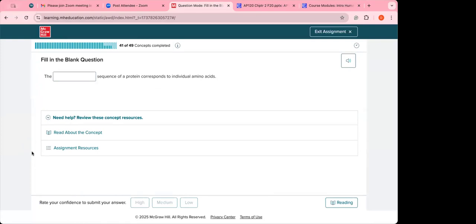The blank protein. Oh, okay, that's not what the blank sequence of a protein. Okay, hold on. I'll have to look this one up because I didn't get it. The blank structure of a protein. The blank protein.